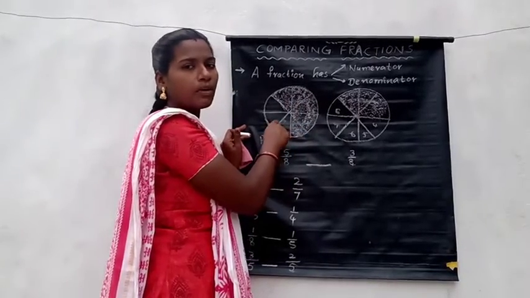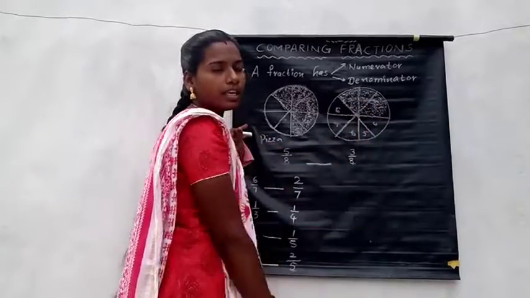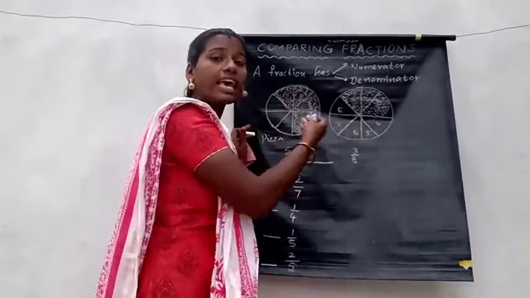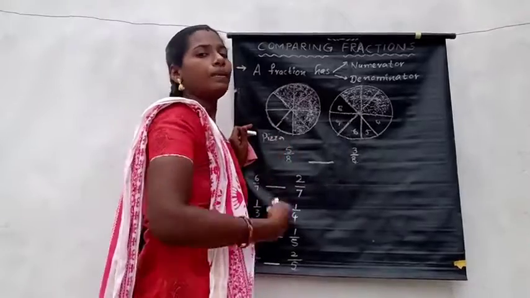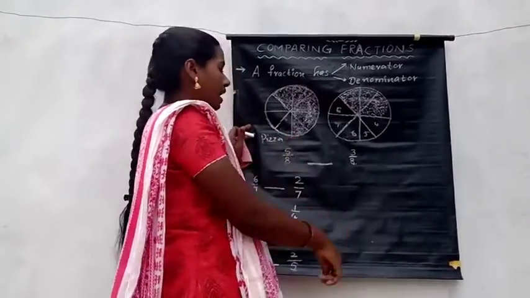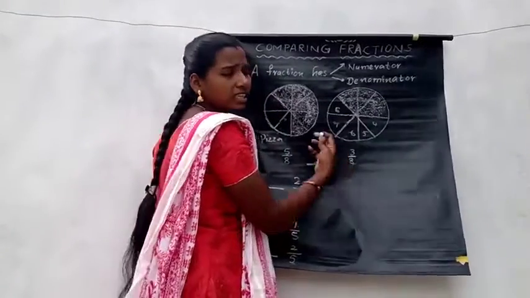So only 3 parts remain here. Here I have eaten only 3 parts and 5 parts remain. So which is the largest one? Means in which case have I eaten more? Yes, in the first case I have eaten more pieces. So this is the greatest fraction. You have to write like this: 5 by 8 is greater than 3 by 8.